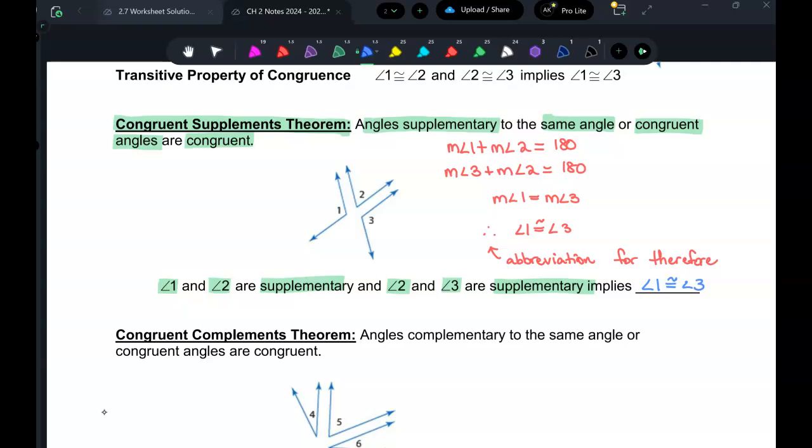Yes, Jade. So, if we did this on a proof, are we just skipping the substitution and subtraction? Yeah, we're skipping all of that. And we don't have to do this. So you're going to have a list. You have this congruent supplements theorem. It's towards the bottom of the page because this is one of the last things we'll learn in this chapter.